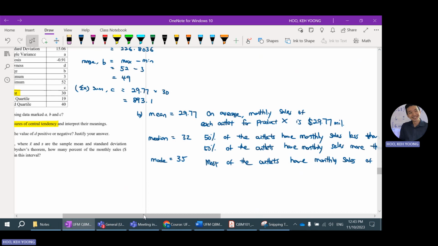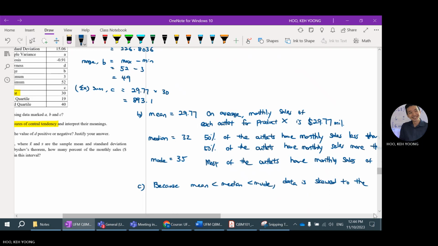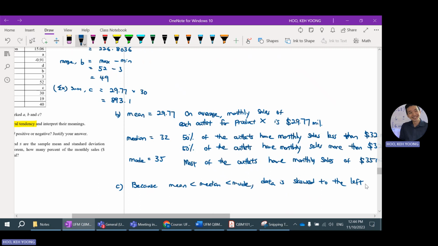So your answer for question B: because mean is smaller than median, smaller than modes, therefore your data is skewed to the left, or negatively skewed.